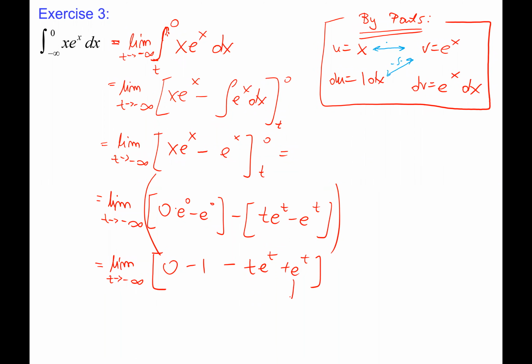As t goes to negative infinity, e to the t goes to 0.